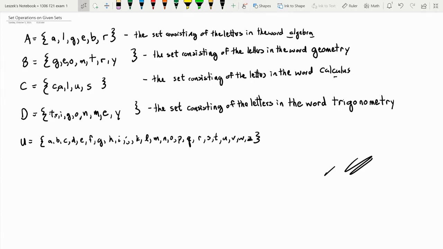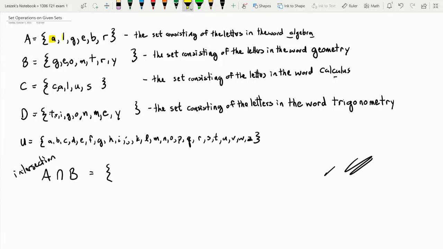Let's look at the intersection of A and B. This set should be everything that's in both A and B. So it's good enough to look at set A. A is in set A, but it's not in set B, so it cannot be in the intersection.